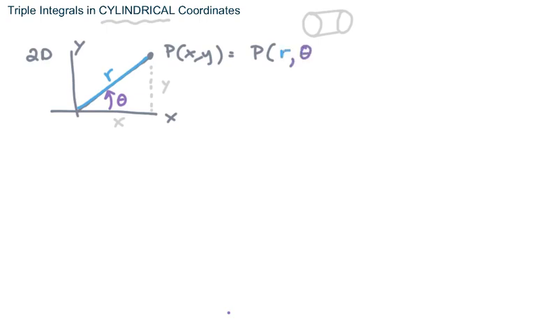All right, so now let's take this and transfer that polar coordinate logic into 3D. So we have my x, y, and z axes. So we think about this, and this is my positive x-axis. So I have a positive rotation, theta, in space, out a directed distance, r.